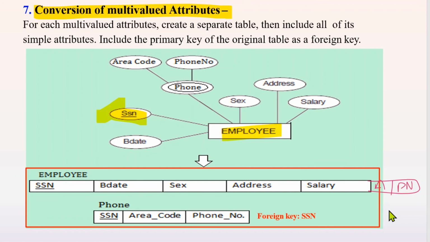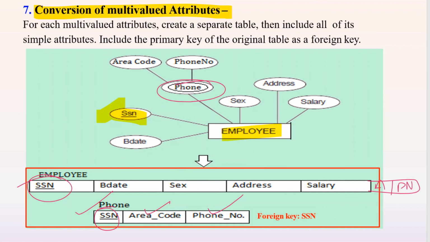So a better approach is to go with a separate table for the multi-valued attribute with the primary key of the strong entity. So here we have the second table, the table for the multi-valued attribute, with the primary key of the strong entity and the composite attributes of the multi-valued attribute.